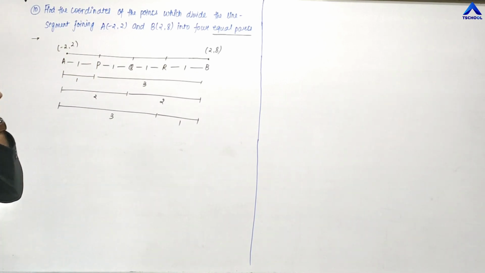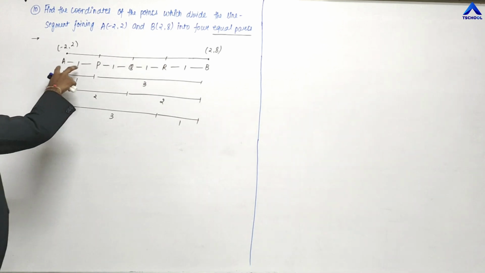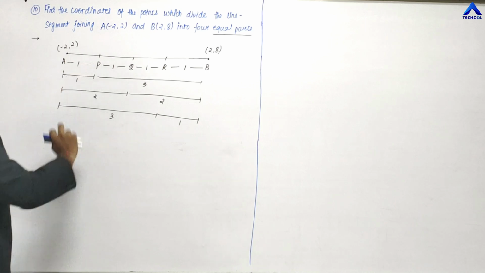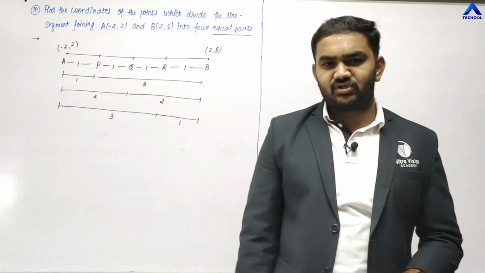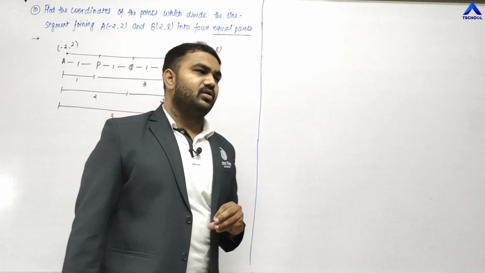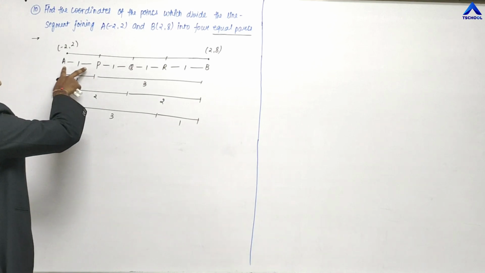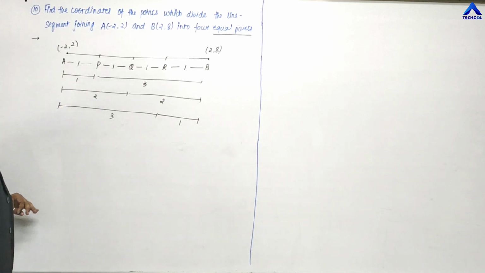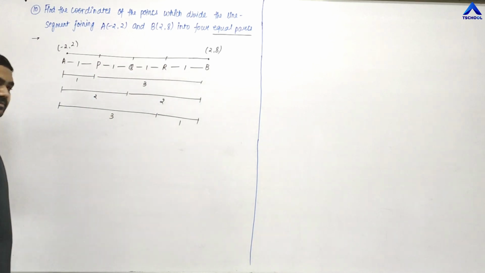If we take the ideal condition, that is 1 1, that means let us say that ideally the distance between all of these parts is 1 centimeter each. Then this P will be at a distance of 1 unit from A, and it will be at a distance of total 1, 2 and 3 units from B.